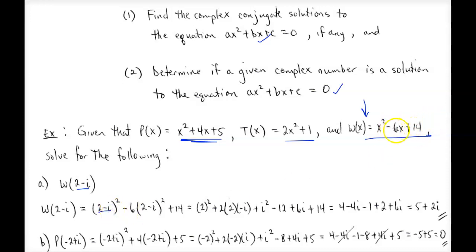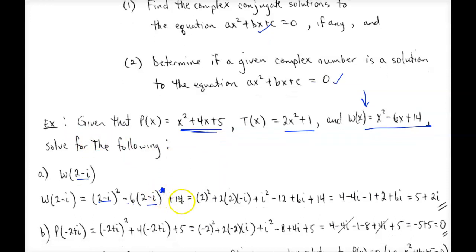Then we have minus 6 times x, so again, minus 6 times 2 minus i, okay? And I don't know why that's squared. It shouldn't be. So I'm just going to scratch that out. And then, of course, we have plus 14.